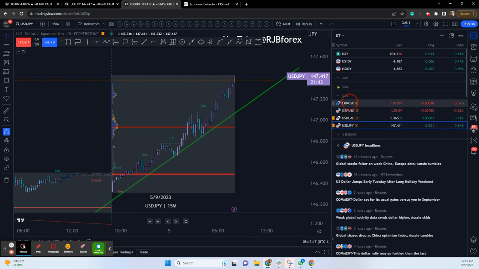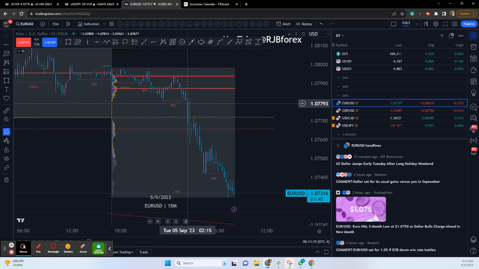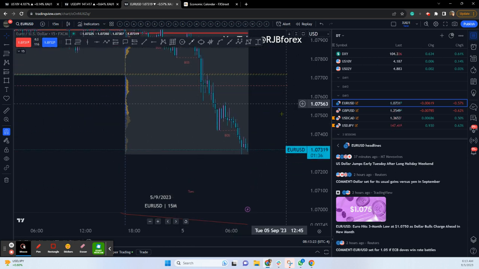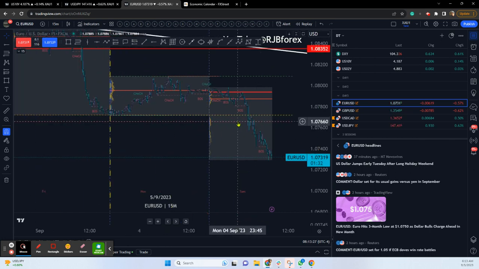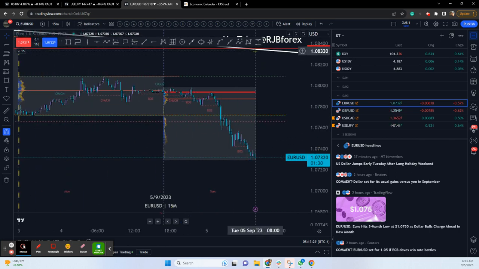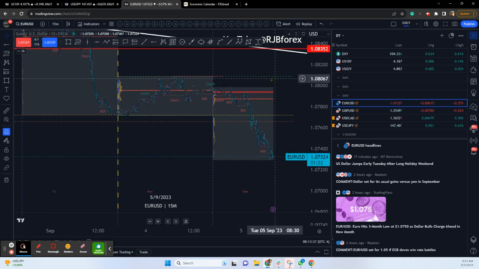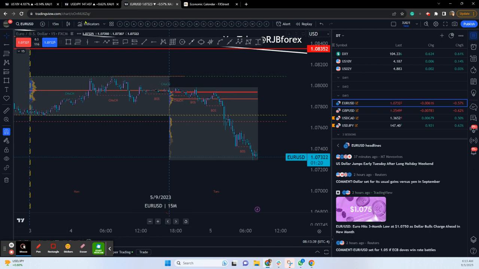So again, on the euro dollar, looking for longs. So let's see how things pan out. That's not to say, guys, that this can't continue lower, that the dollar can't continue going up and up and up. But I like to counter trend these moves.